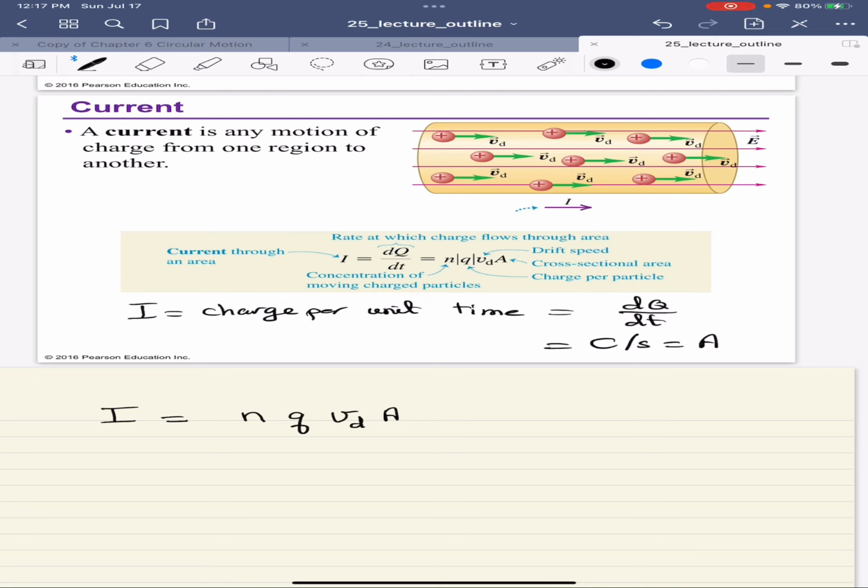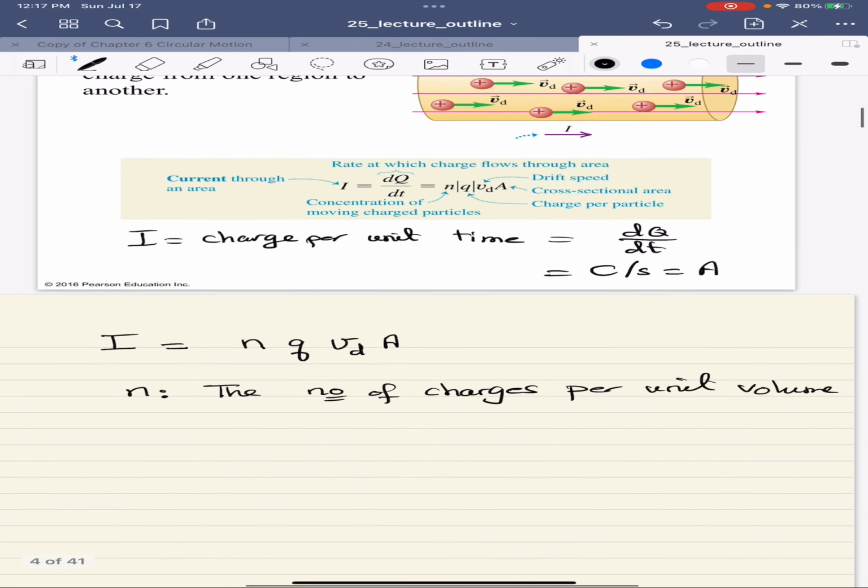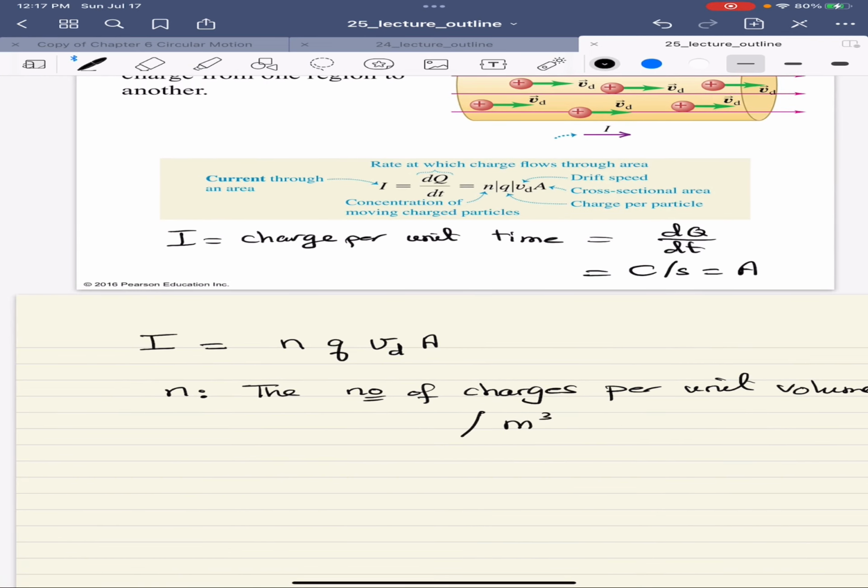Okay, then let me define this. N is the number of charges per unit volume, and the standard unit for it is, let's say, electrons per cubic meter.